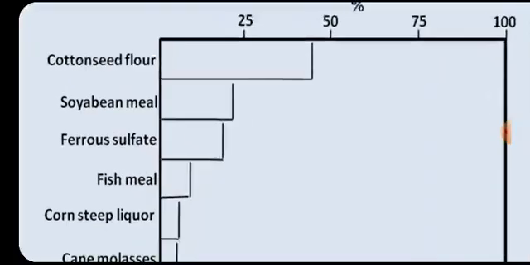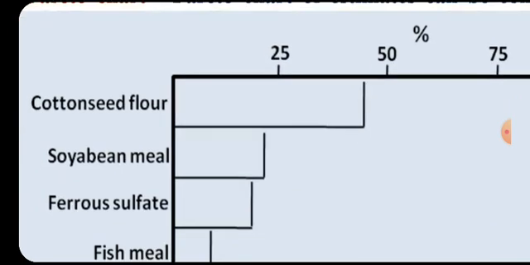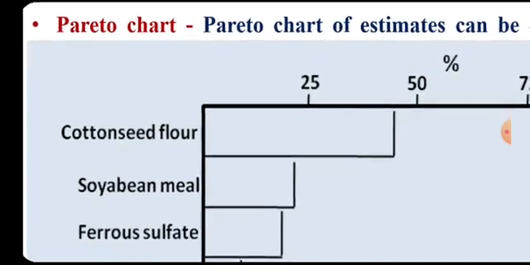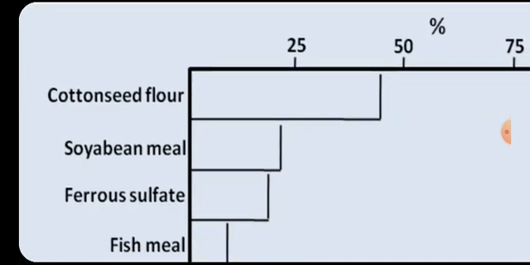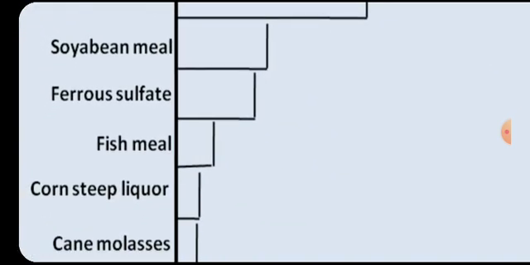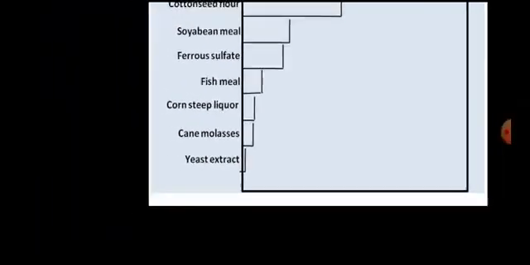That value is plotted here for cottonseed flour. Likewise, considering the parameter estimate value of soybean meal, the percentage value is plotted here. Then ferrous sulfate, fish meal, corn steep liquor, cane molasses and yeast extract.